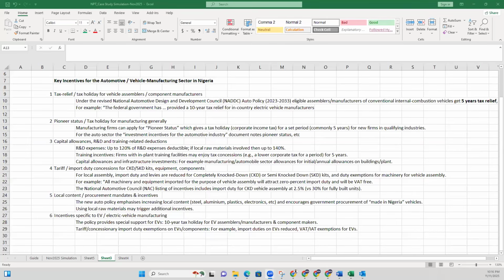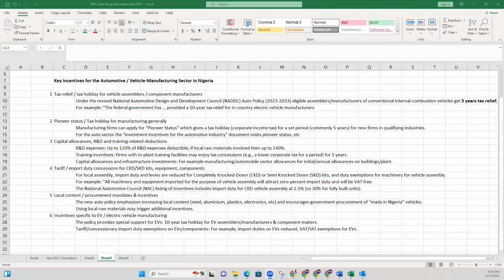For example, all machinery and equipment imported for the purpose of vehicle assembly will attract 0% import duty and will be VAT-free. The National Automotive Council listing of incentives includes import duty for CKD vehicles assembly at 2.5% versus 30% for fully built units.